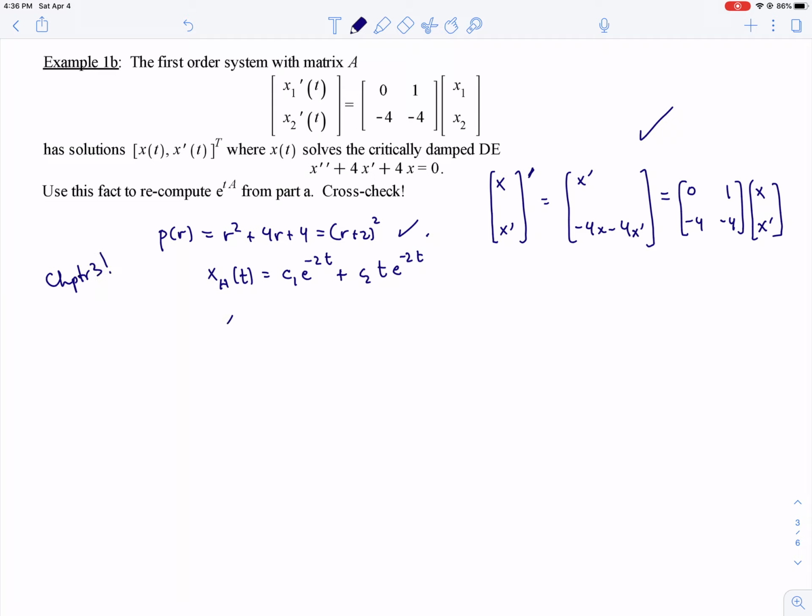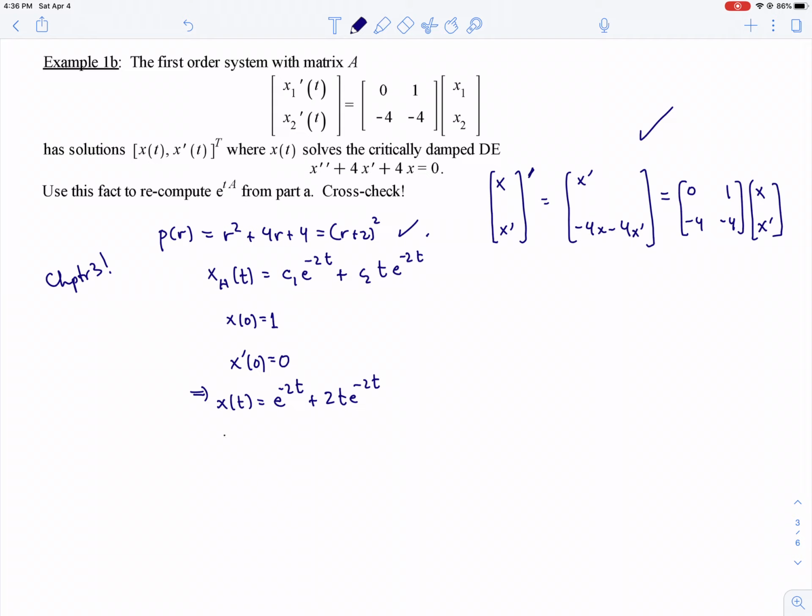Okay, so if x of 0 was going to be 1, and x prime of 0 was going to be 0, then for x of t, we'll need a 1 e to the minus 2t, and then that'll make x of 0 1, and when I take x prime, I'll get a minus 2 from the exponential, and then plus a C2, so I want plus 2t e to the minus 2t.